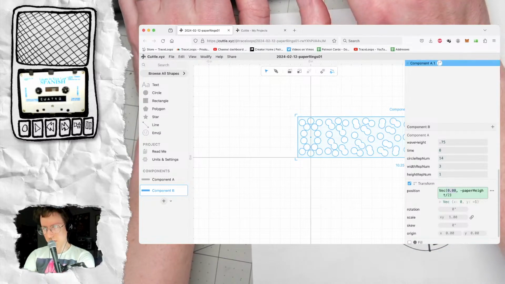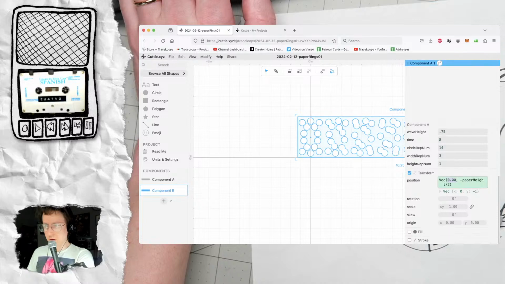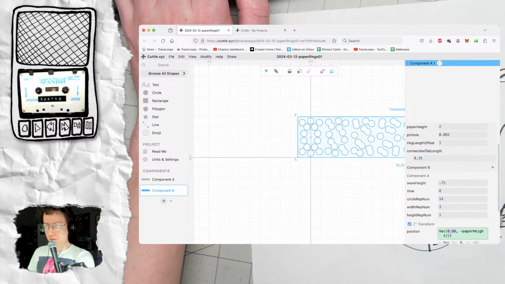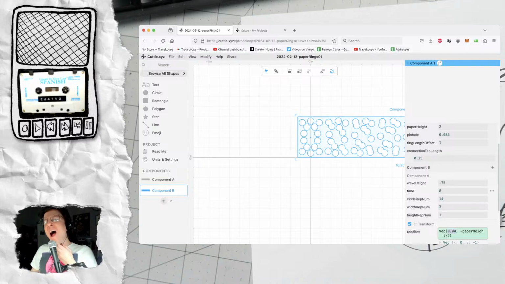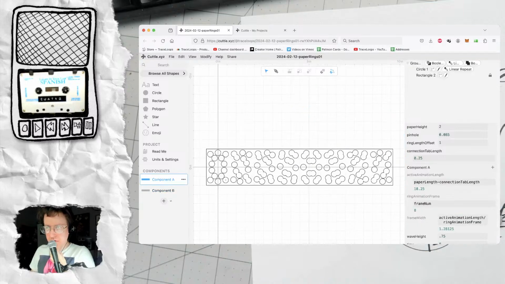Position is... Does it not allow me to... active animation length, paper length minus.